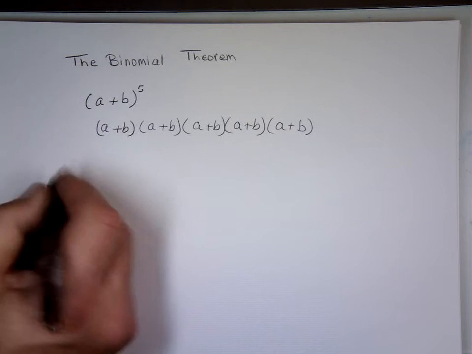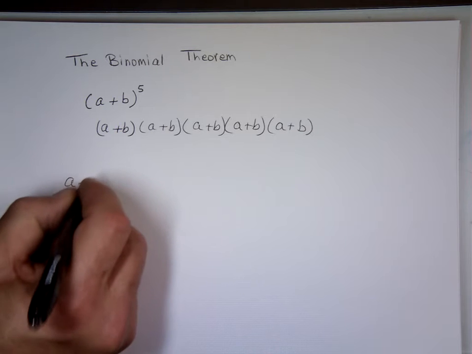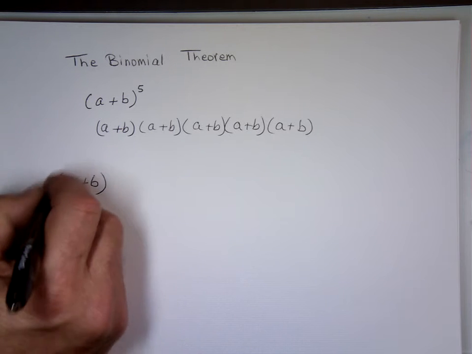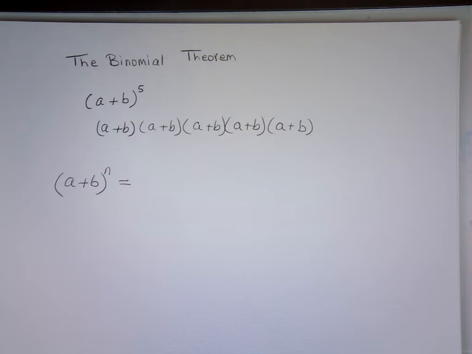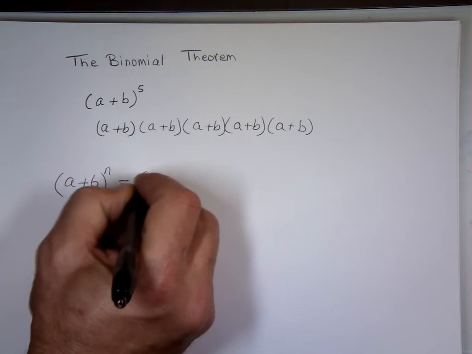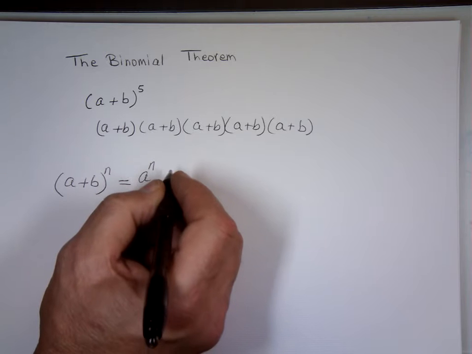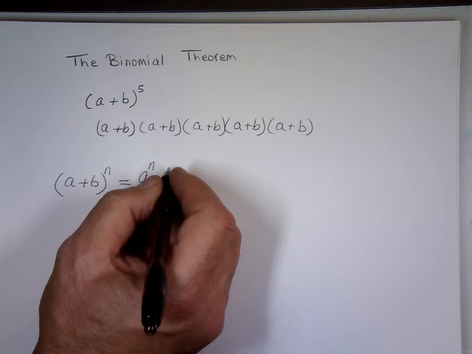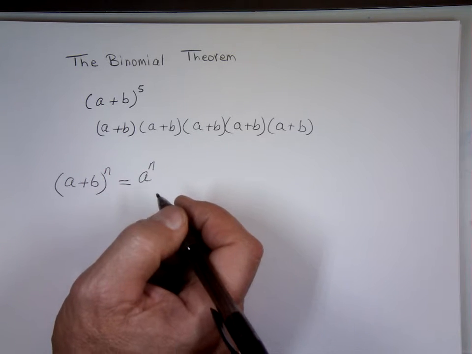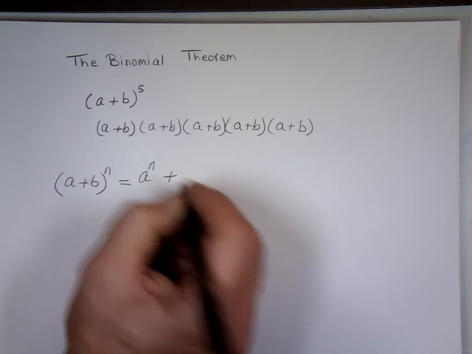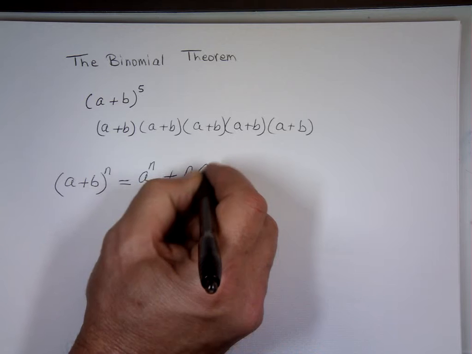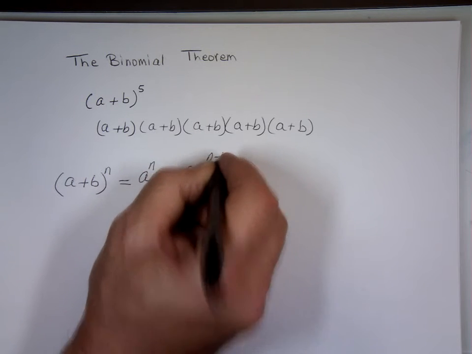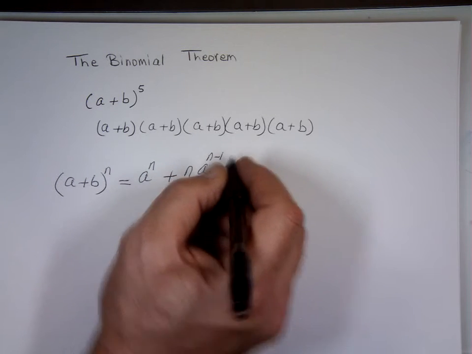It says if you want to find a plus b to the power of n, any power here, it's a to the n, the first one, or, oh well, second one is going to be n times a to the n minus 1 times b.